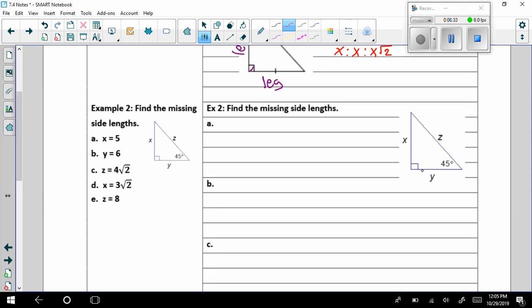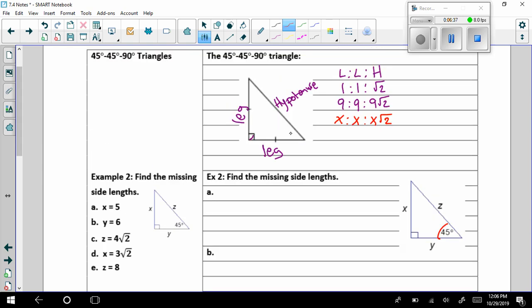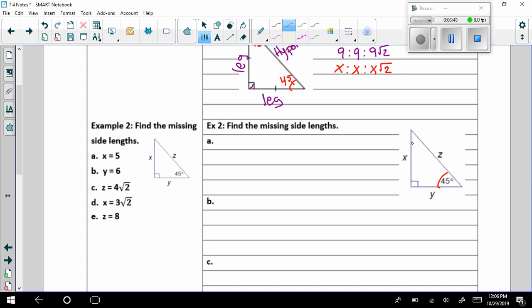All right. So using that to find missing side lengths, if we see this is 45, again, if this is isosceles, excuse me, this would be 45, and this is 45. So if we see that one is 45 by our base angle theorem, this is automatically 45. All right. So we know that x and y are the same.